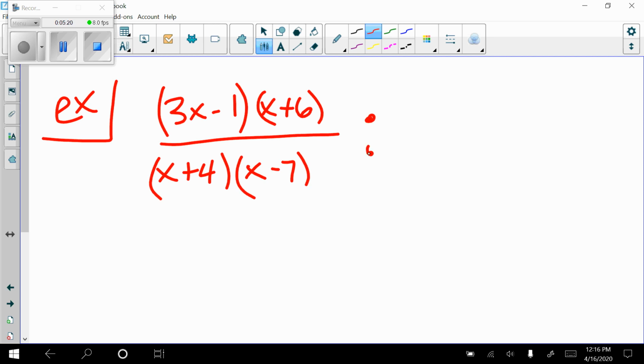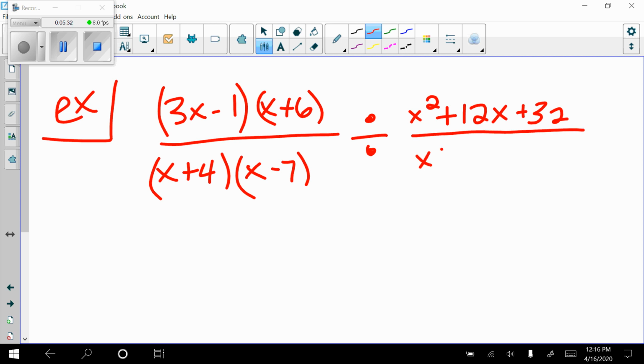And we're dividing by x squared plus 12x plus 32 over x squared minus 3x plus 28. And I want to divide those.